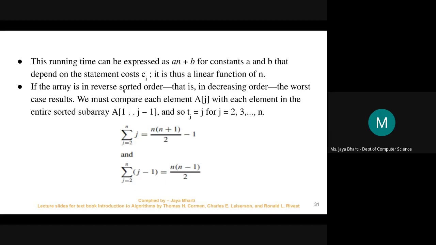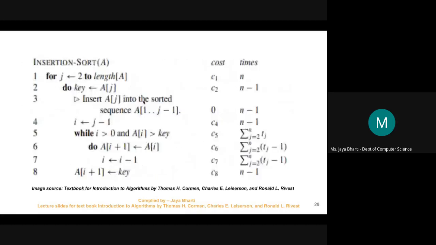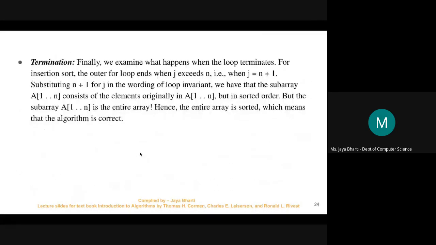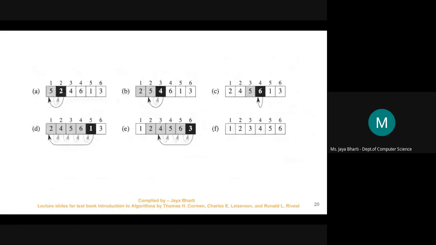And if the array is sorted in reverse order, meaning decreasing order, then it will be the worst case. Why is it the worst case? Because we need to compare each element with all the previous ones, t_j times, and also you need to swap or move it every time.